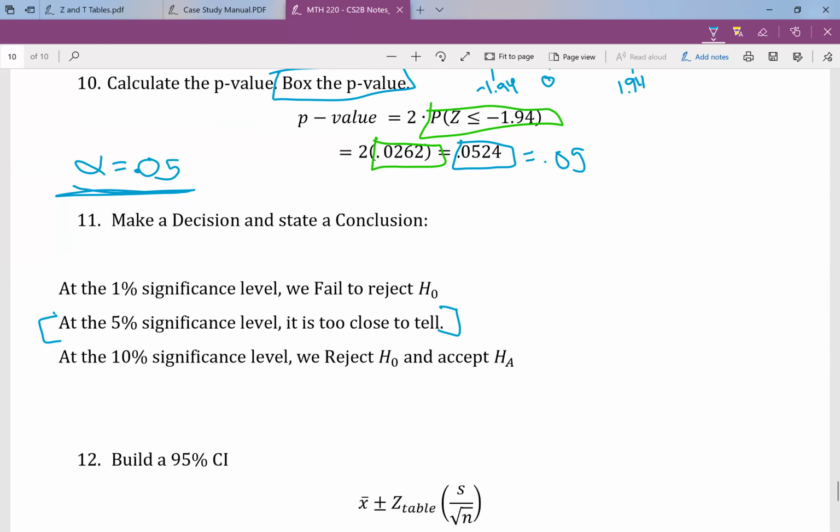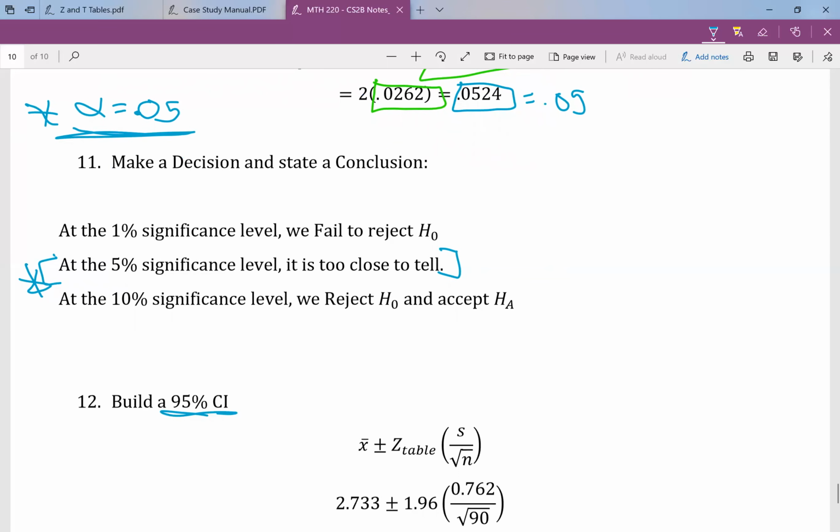Since the 95% confidence interval is what goes along with alpha of 0.05, we should get a confidence interval that supports this decision of it's a little too close to tell. So go ahead, pause here, practice calculating this confidence interval, and also practice writing the interpretation of the confidence interval, since now we have a problem with context.